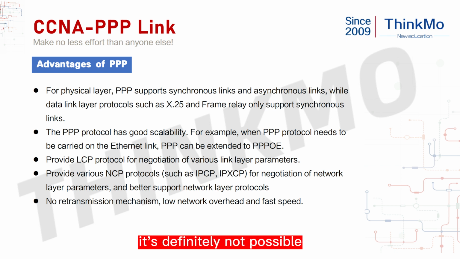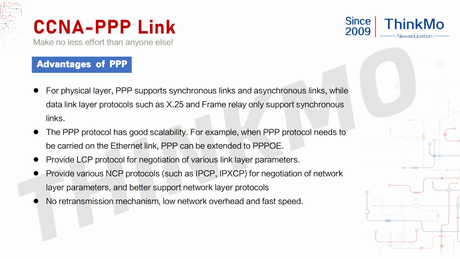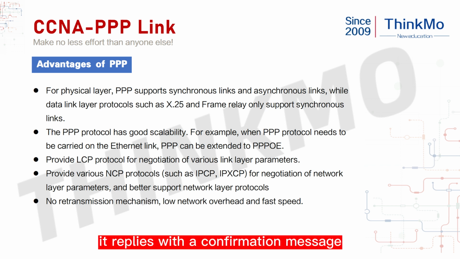Both using 1.1.1.1 is definitely not possible. Let's say these 2 devices: you are using 1.1.1.1, I use 2.2.2.2. That's okay. If you send a request, it indicates the request packet, and it replies with a confirmation message.